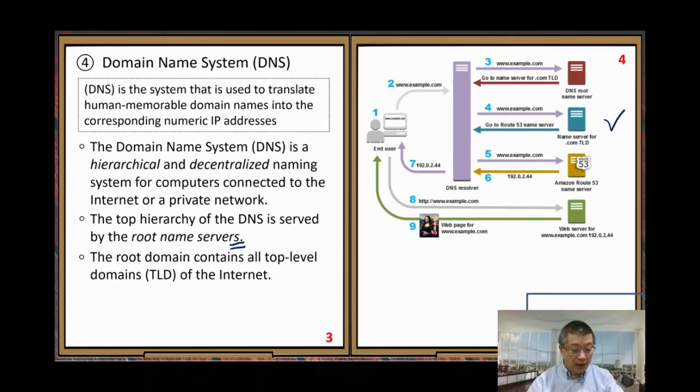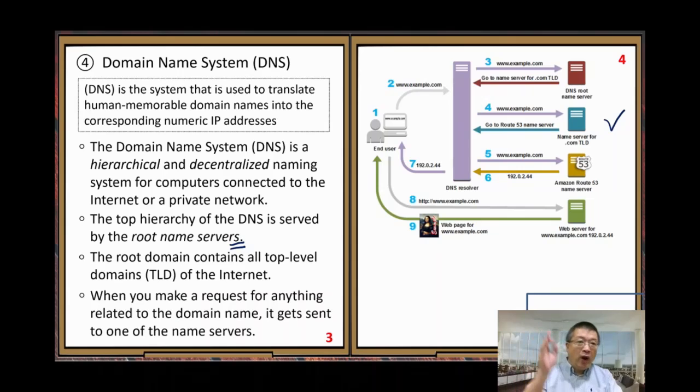When you make a request for anything related to the domain name, it gets sent to one of the name servers. In this diagram, you see 1, 2, 3, 4, so many steps back and forth.